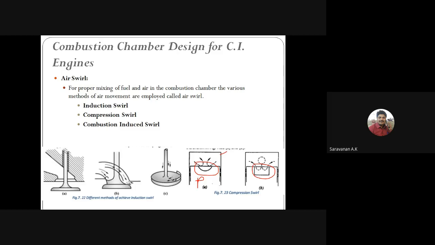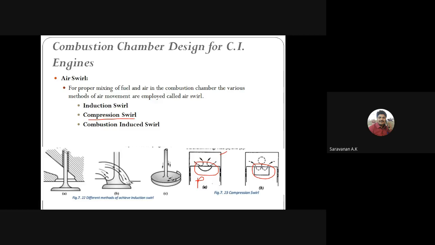At the top of the piston we have different cavities formed by different shapes and sizes. Due to this, during the compression stroke the air gets some movement. That is called the compression swirl.